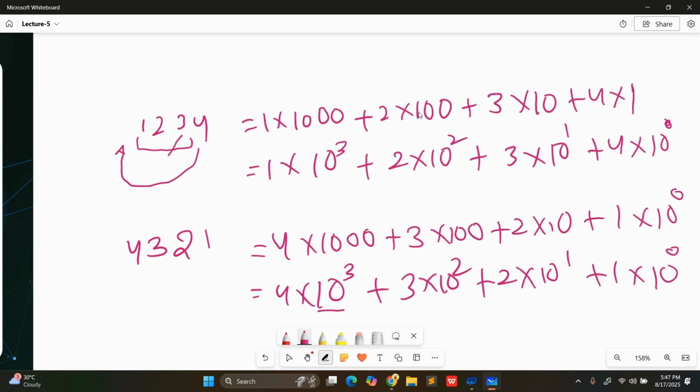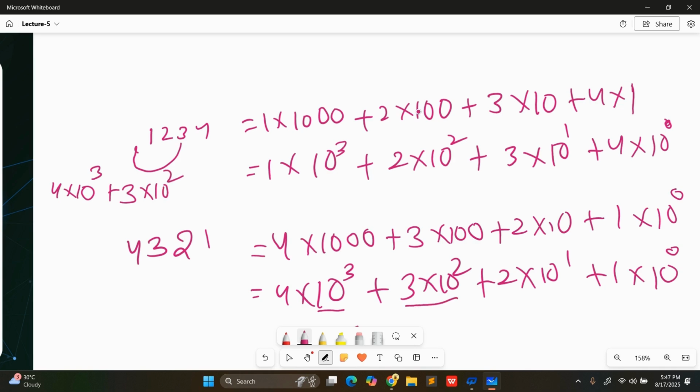Let me write it very clearly so that you can understand it easily. 1 2 3 4, right? Let's say 4 is shifted to these places and got multiplied with 10 power 3. 3 is shifted by two places, that means 3 into 10 power 2. You can see this is how we got the result.